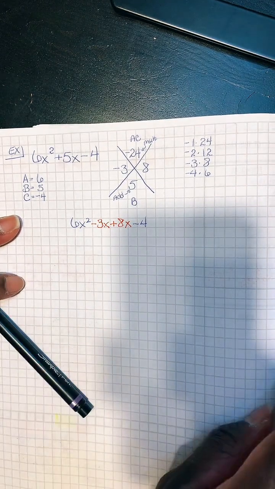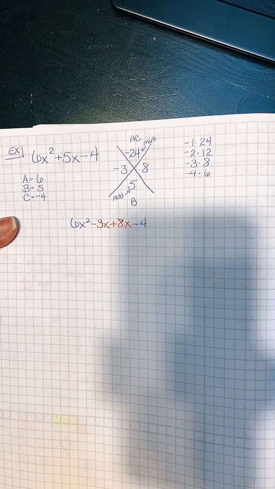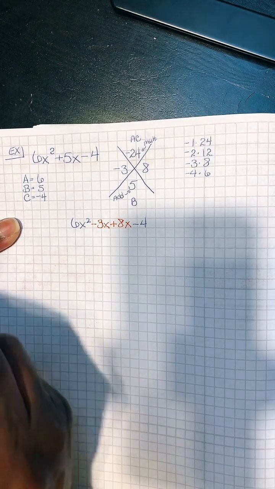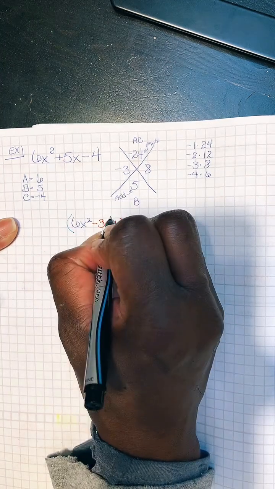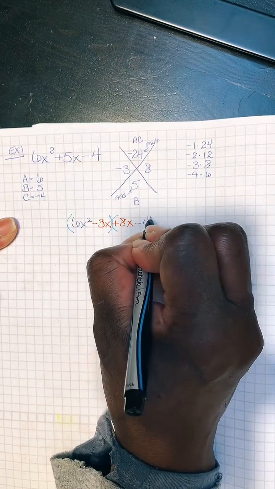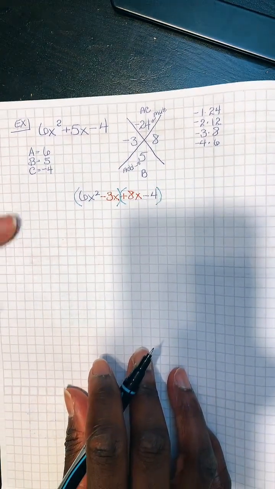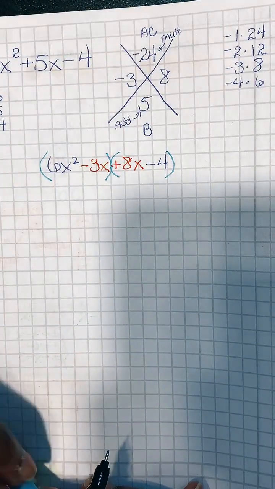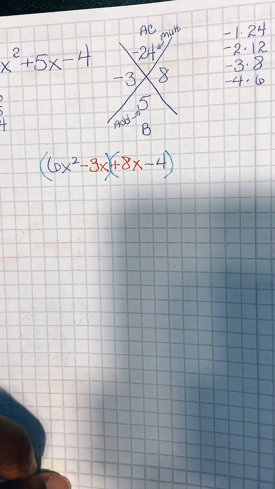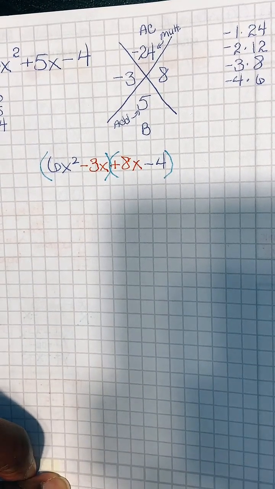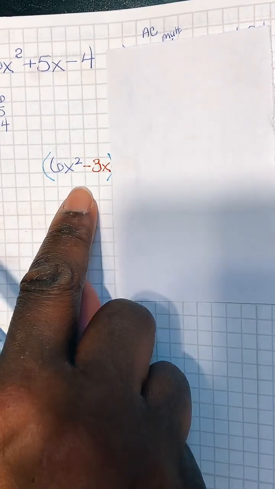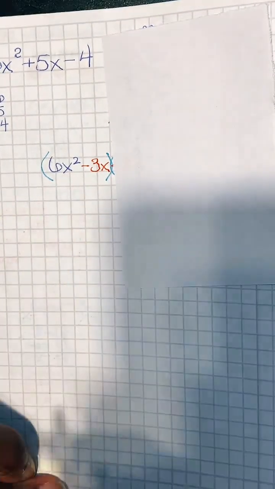So from here, we can go ahead, group our first two, group our last two. All right, so let me zoom in a little bit. Now that we're grouping, I'm going to cover up the last parenthesis so we can find the GCF of that first term.